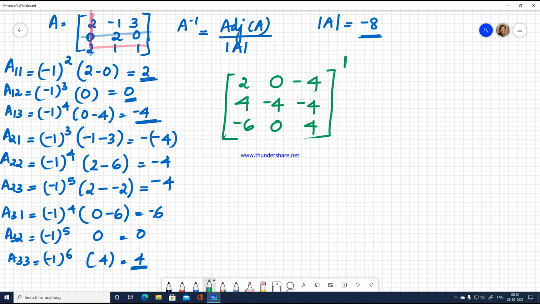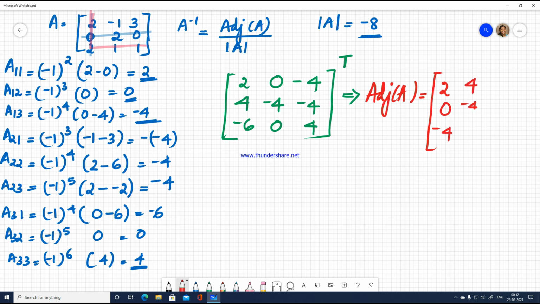Now, we need to find the transpose of this one. So that will give you the adjoint of A. So adjoint of A is equal to, we convert the rows into columns. So 2, 0, minus 4, 4, minus 4, minus 4. Then we have minus 6, 0, 4.